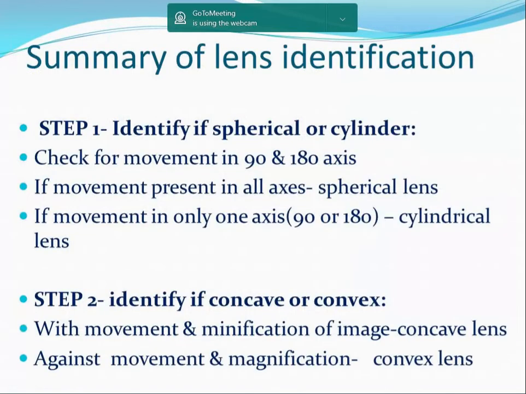Okay, so now we will just summarize how you identify the lens. Whenever a lens is given to you, the first thing you will do is hold the lens close to your eye. I'm repeating this again and again because if you hold it away from your eye, you will not be able to make out anything in a proper manner because it will give you a telescopic effect.